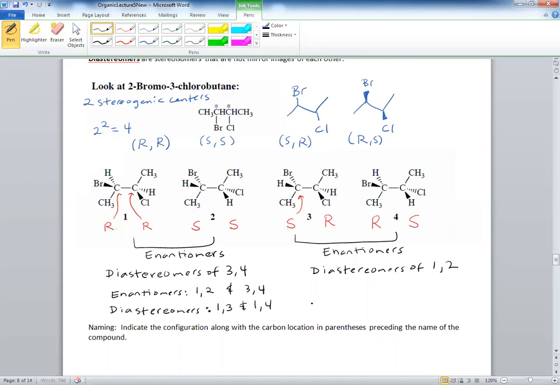And of course 2 to 3 they're diastereomers. And of course 2 to 4.